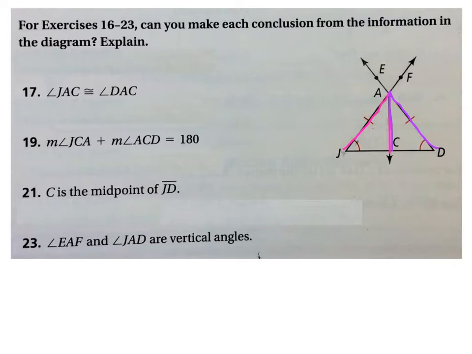There's a theorem that we're going to get to way later in the year that states that. But we're not told that. We're not told that this side is equal in length to this side. So there's no angle marks or anything that lead us to believe that this angle and this angle have the same measure. So the question is asking, can you make a conclusion from the information?